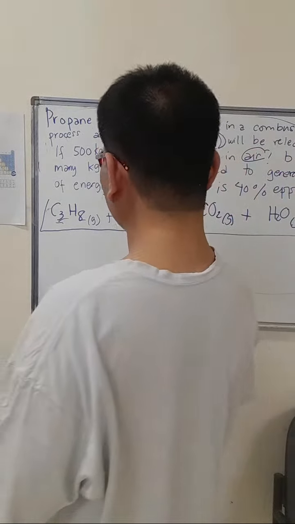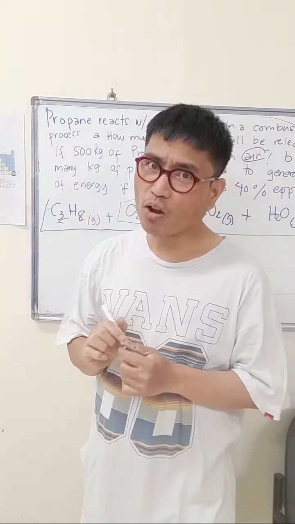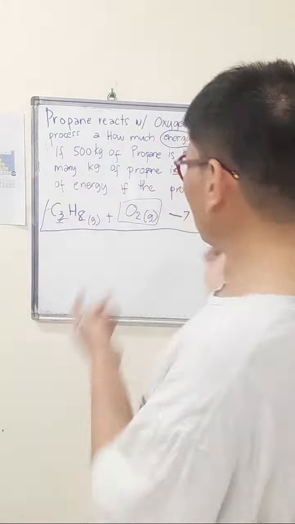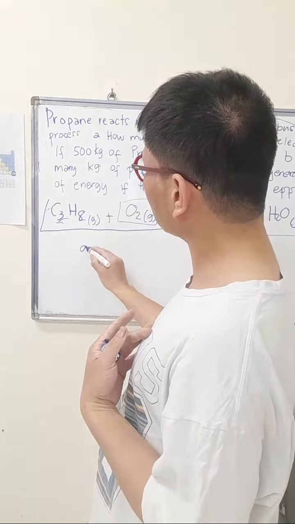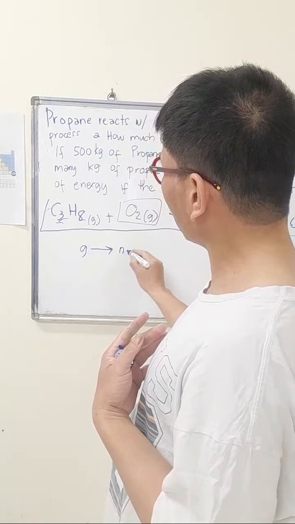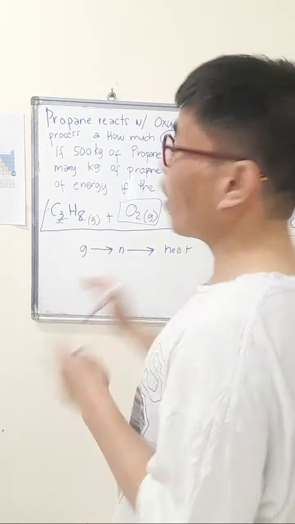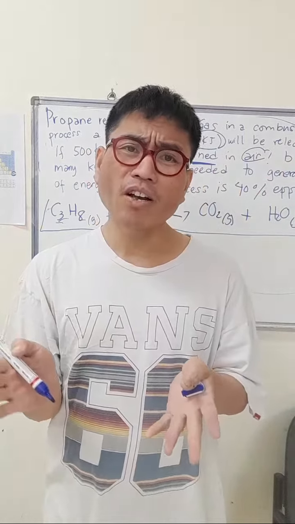And then in this kind of problem, guys, the general way of solving will be like this. We start with grams, then arrow to number of moles, then arrow to heat energy. You need to draw a flow chart for your solution.